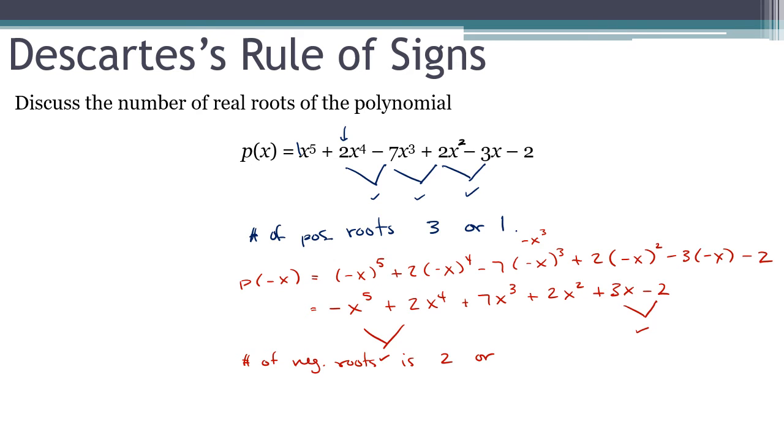Start subtracting 2's. 2 minus 2 is 0, so it's possible there are no negative roots. That's an acceptable answer. And now if we subtract 2 again, we get to negative 2, and you can't have a negative number of roots. So there are my answers: there are either 2 or 0 negative roots, and either 3 or 1 positive roots.